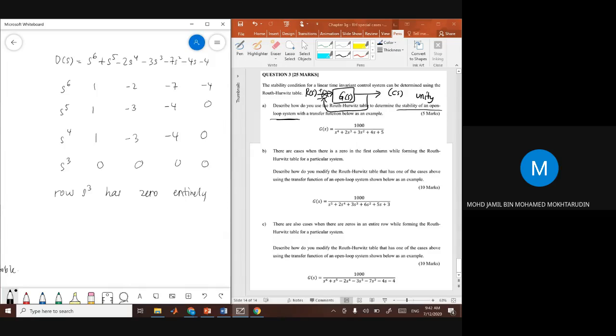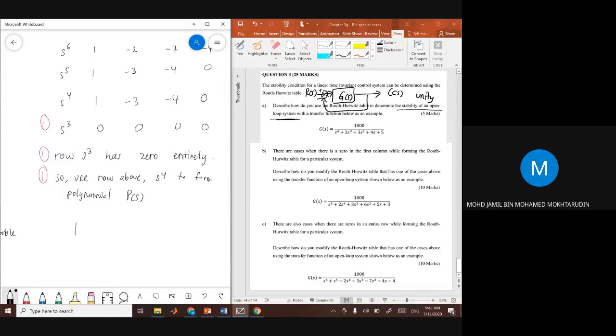So use row above to form polynomial PS. So satu markah sini, satu sini, satu sini, and then PS equals S4 minus 3S squared minus 4.